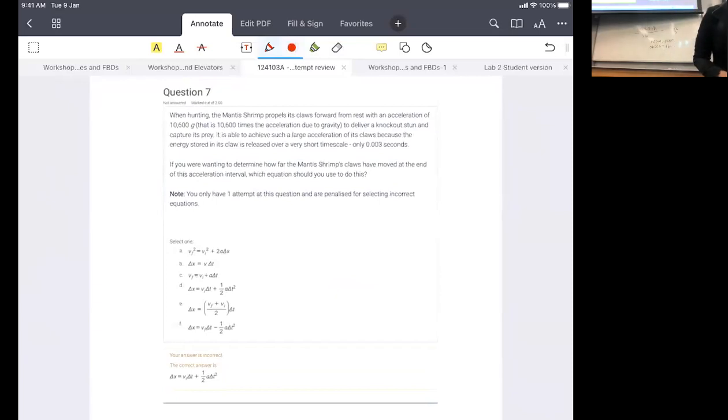Okay, good. So question 7: a mantis shrimp propels its claws forward from rest. Let's pick out information as we encounter it in the problem.